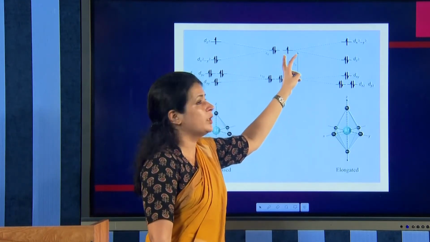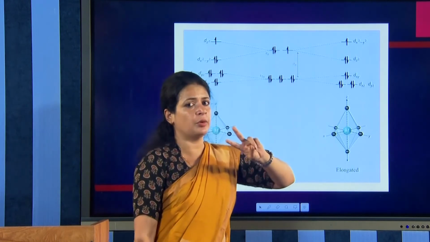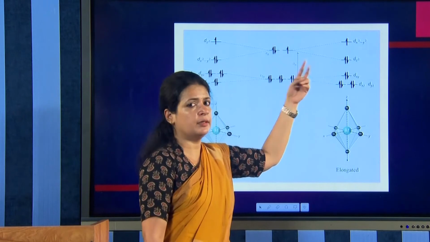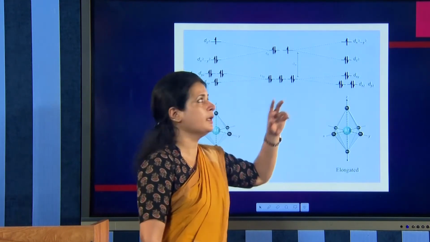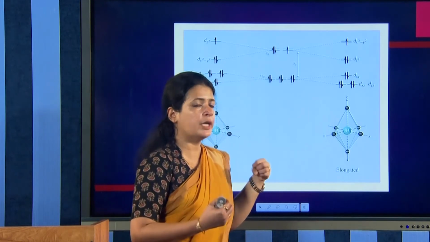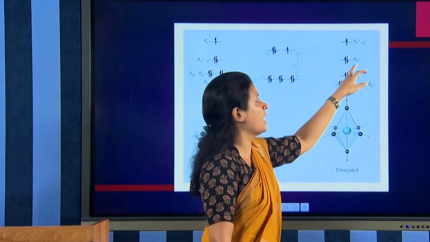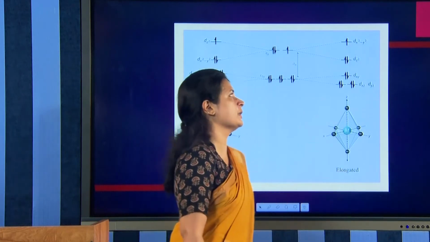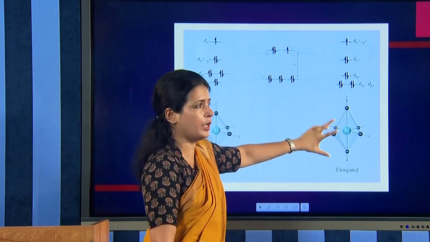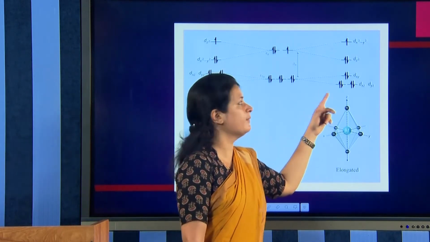When we come to the Eg orbitals, we have two Eg orbitals, dz square and dx square minus y square. Among these, dz square has a z component, and that will have a lower energy because it is a tetragonally elongated complex, and then dx square minus y square. So, this is the tetragonal elongation, and now electrons are being filled like this.